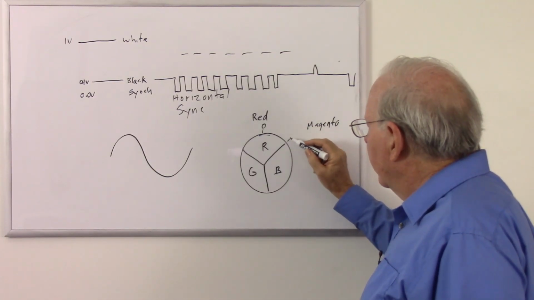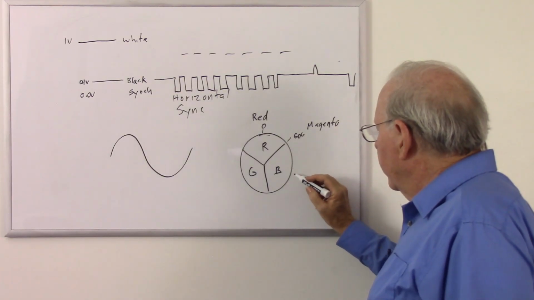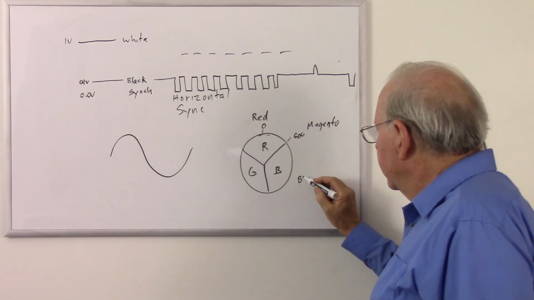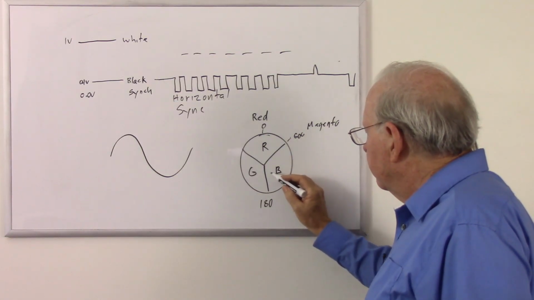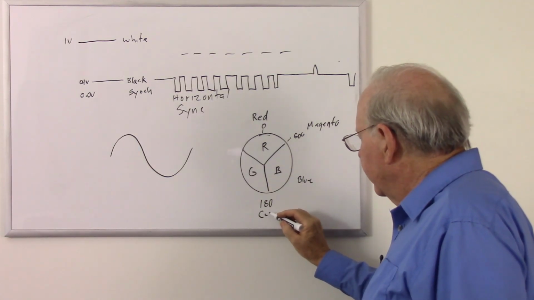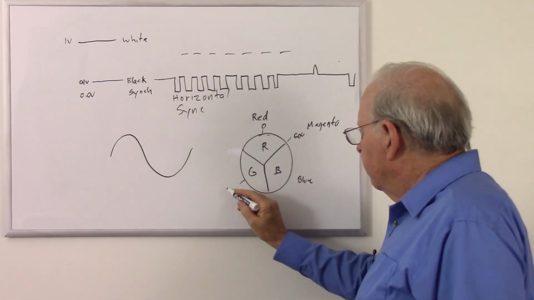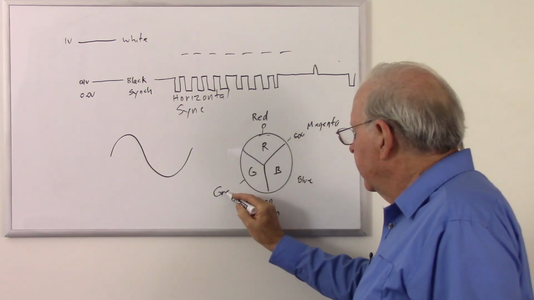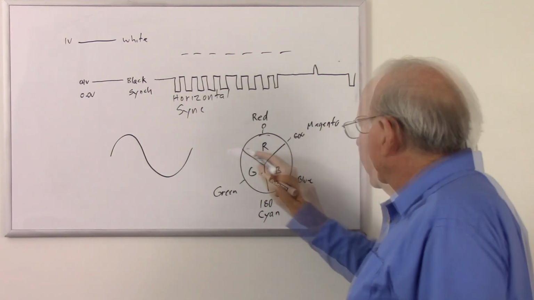And that's going to be over at 60 degrees. And then over here, we're going to get into blue. Here at 180 degrees, we're going to be into blue and green. That's going to be cyan. And then over here is going to be completely green. Then over here is going to be between green and red. That's going to be yellow.